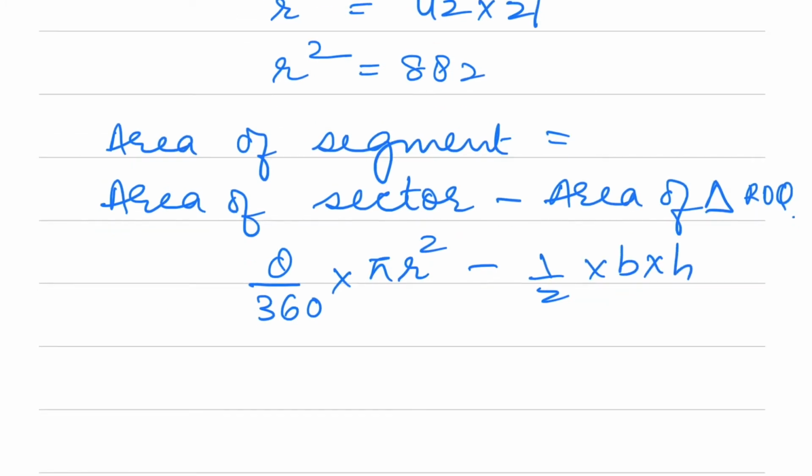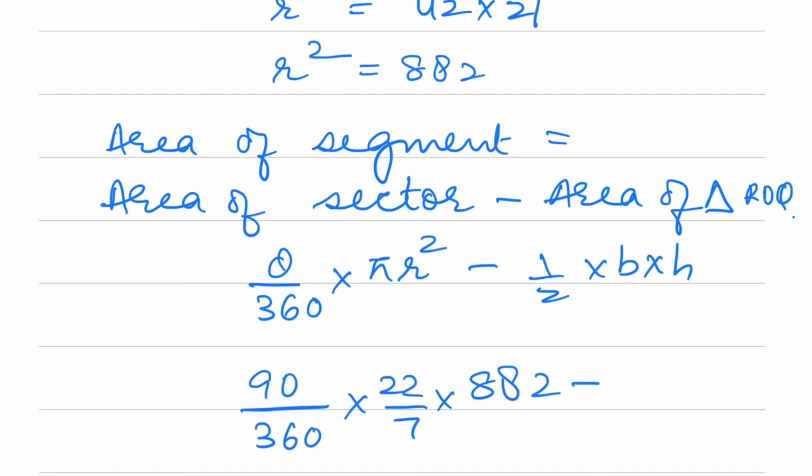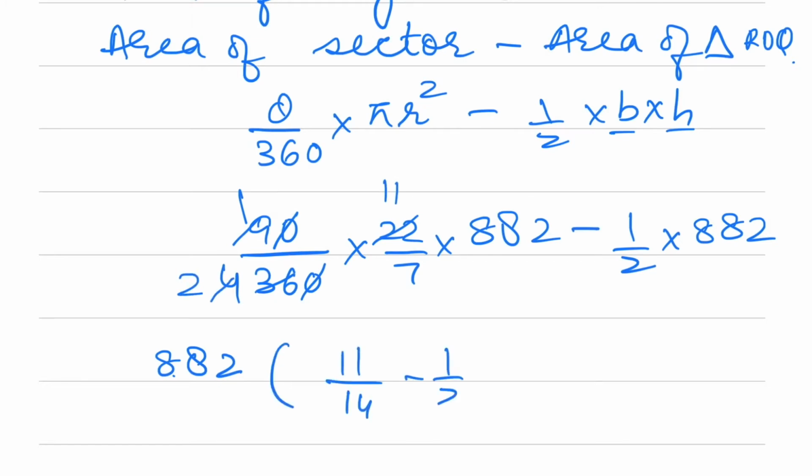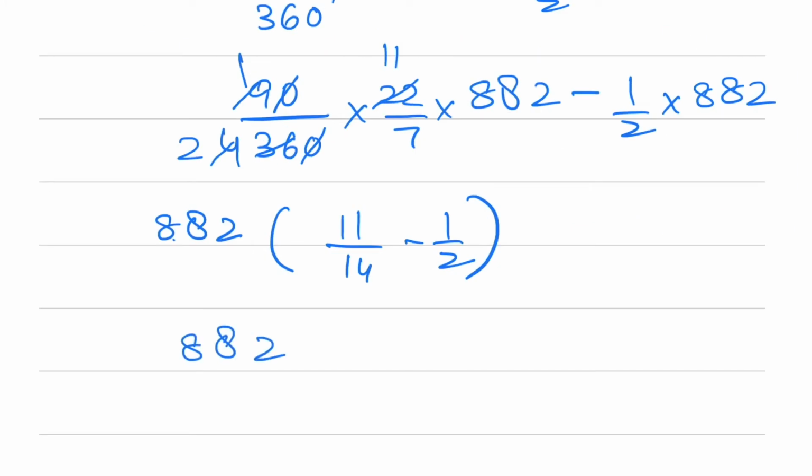So we have here the angle is 90 degrees, 90 by 360 into 22 by 7 into radius square, which is 882. And this is half into base and height, both are the same, so that also I can take as r square, 882. Now I can take 882 common, and here 14, and this is 11 by 14 minus half.